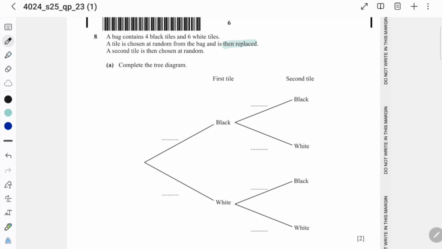So 4 black and 6 white will become 10. Black are 4, white are 6, and the total number of tiles is equal to 10. So black will be 4 out of 10 and white will be 6 out of 10, because it's replaced. That's why I'm keeping the same number.